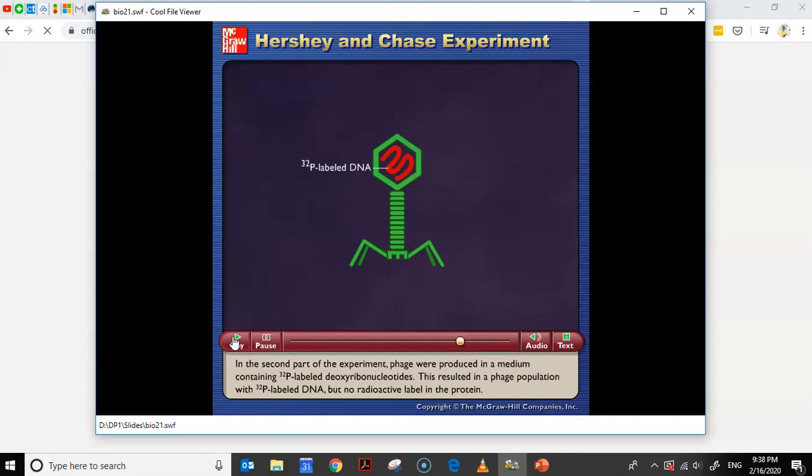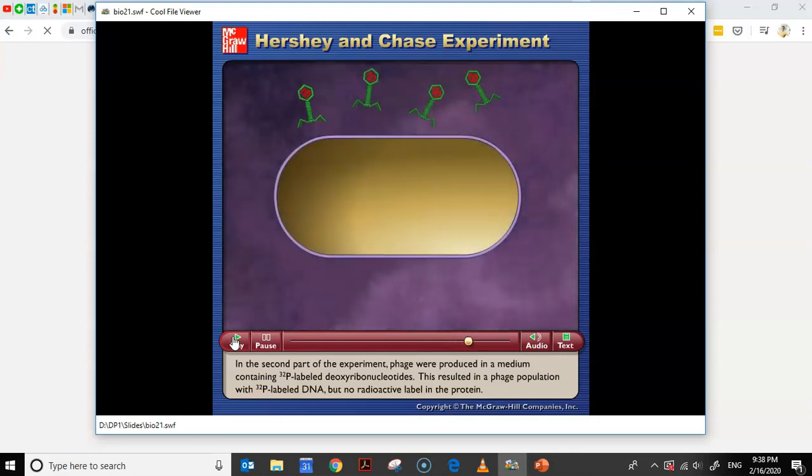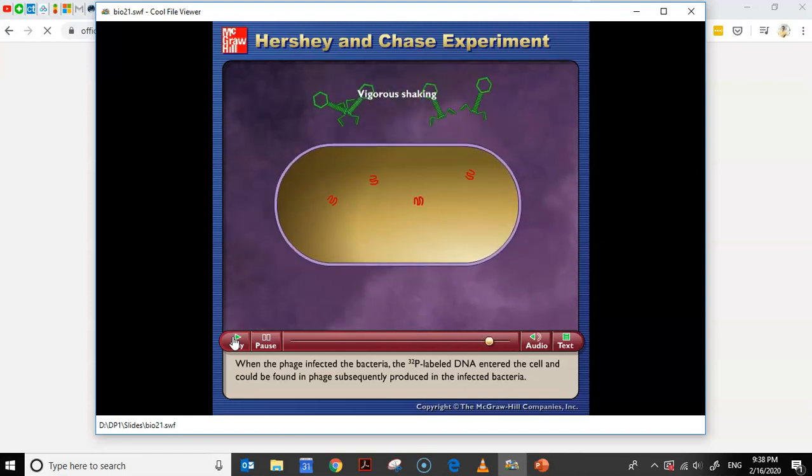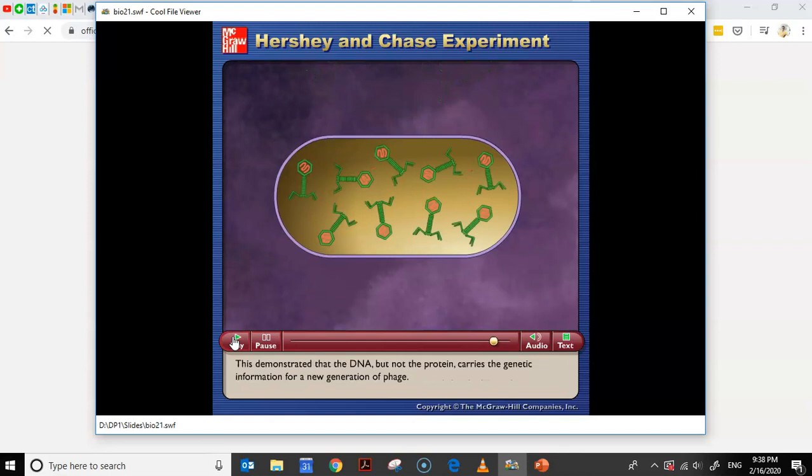This resulted in a phage population with p32 labeled DNA, but no radioactive label in the protein. When the phage infected the bacteria, the p32 labeled DNA entered the cell and could be found in phage subsequently produced in the infected bacteria. This demonstrated that the DNA, but not the protein, carries the genetic information for a new generation of phage.